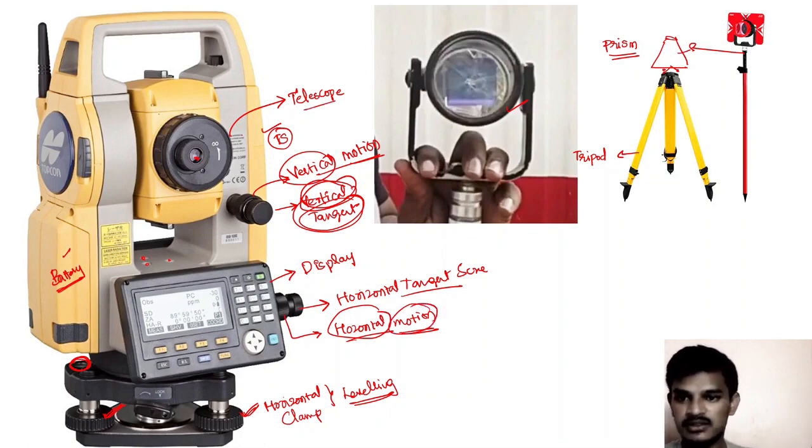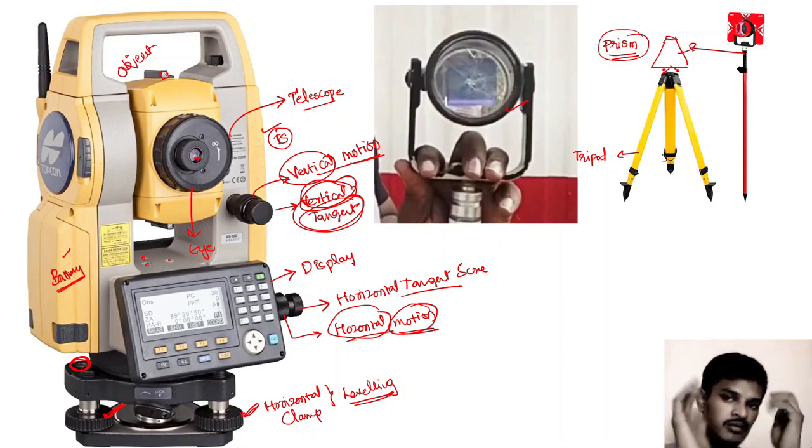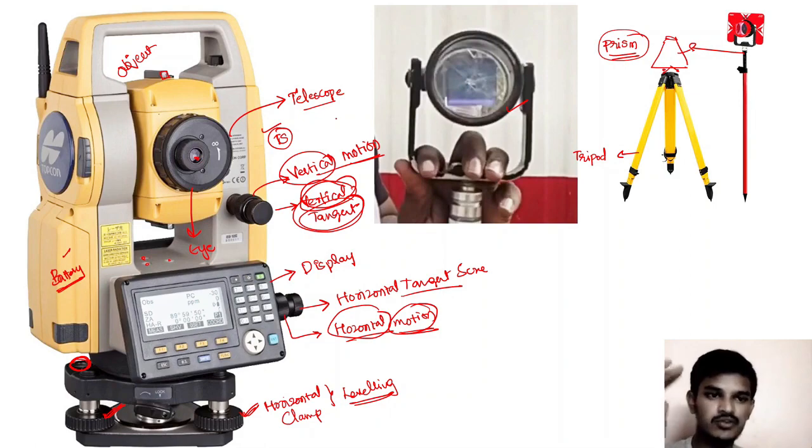This is the telescope, and this is the eyepiece, right? And on the backward side we'll have the objective piece. This is used for bisecting the prism. Through this we'll first bisect the prism, first seeing whether the prism is bisected through the point or not.